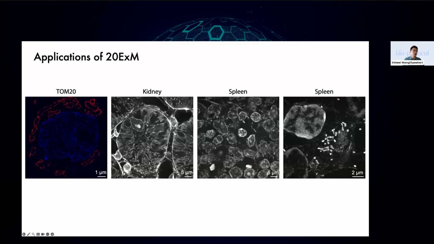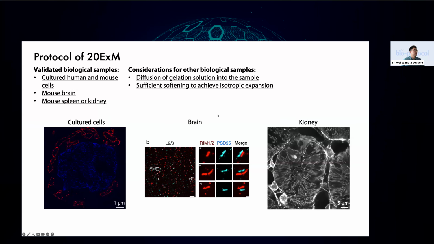And here we performed pan protein staining using NHS fluorophore, and we're able to see the cellular architecture within these samples as well. So in summary, for the protocol of 20XM, we have validated cultured human and mouse cells, mouse brain, and mouse spleen or kidney in our lab.